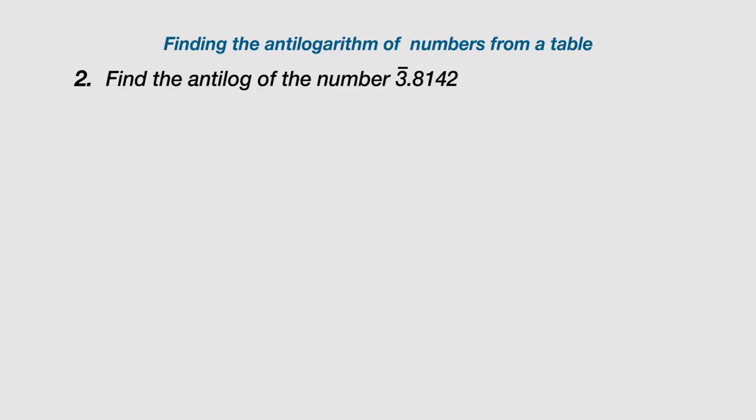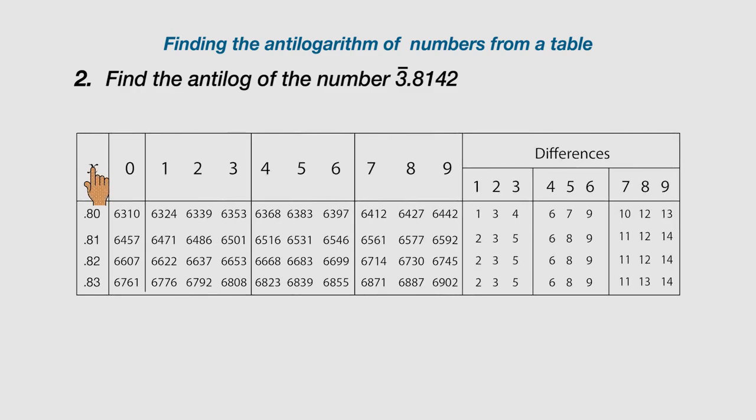This time we want to find the antilog of the number bar 3.8142. Now we said we will look for 0.81 under X in your tables. So we run our fingers horizontally to the column headed 4. Here the number is 6516.